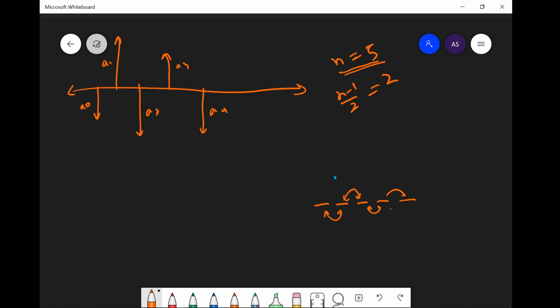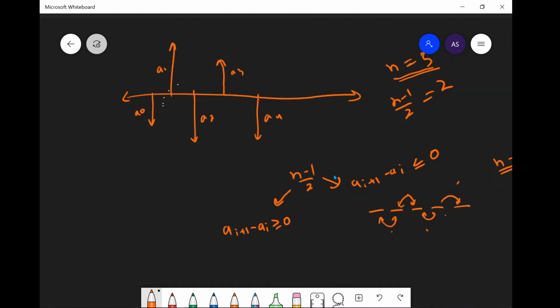For odd length n, the number of adjacent differences would always be n minus 1, and out of these we have to make (n minus 1) by 2 such that a(i+1) minus a(i) is greater than or equal to 0, and (n minus 1) by 2 such that a(i+1) minus a(i) is less than or equal to 0. So this was the main task, and what we can do is observe it something like this.